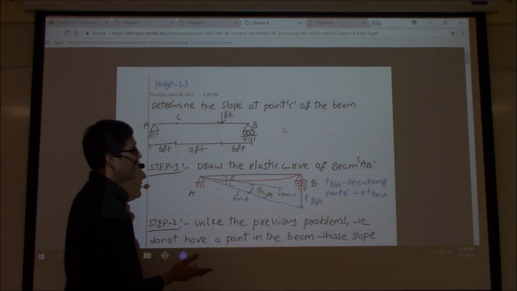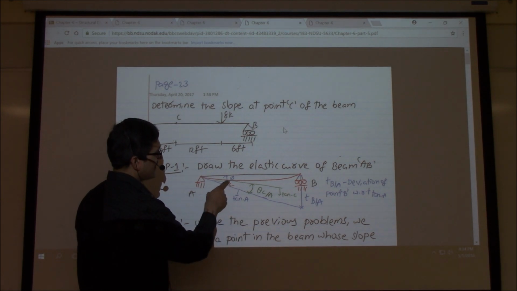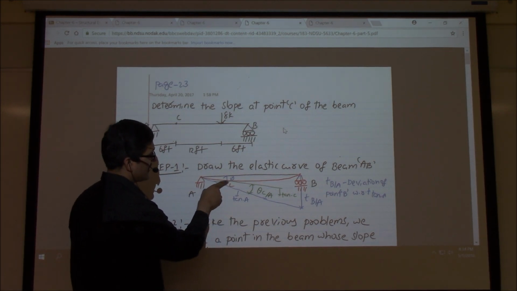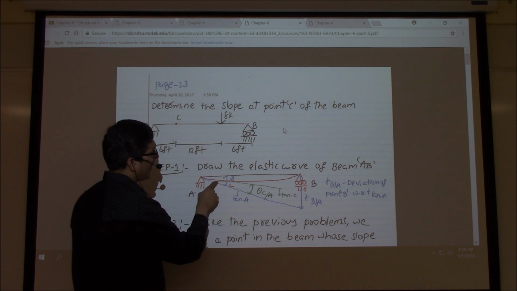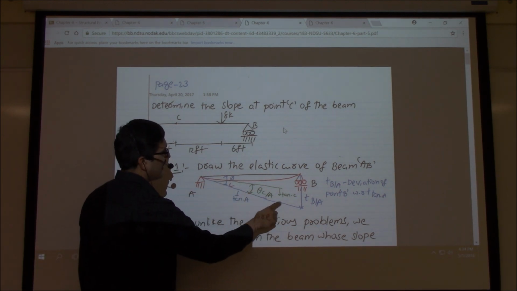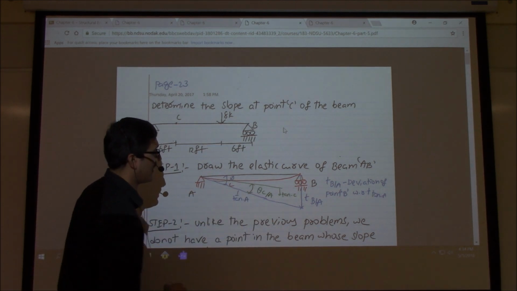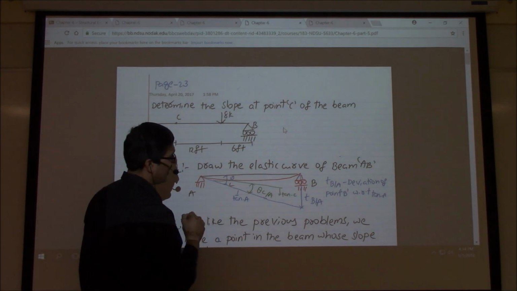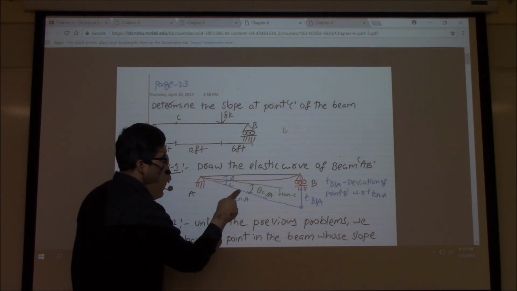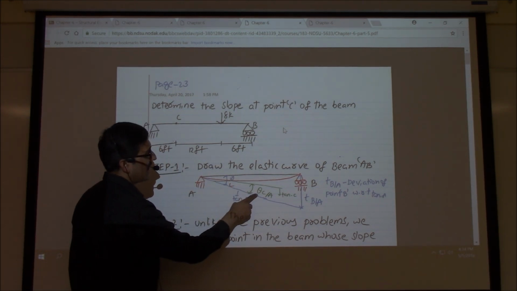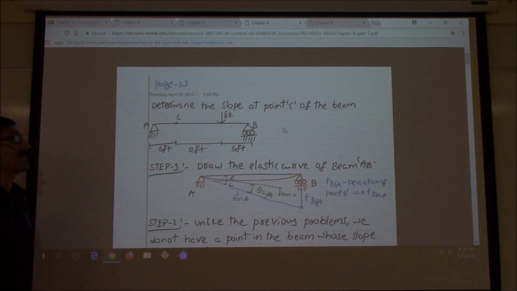And as usual, you should definitely draw a tangent through the point of interest, which is C. If you draw a tangent through the point C, denoted in green here, the angle made by this green line with respect to the blue line, which is the tangent A, is nothing but theta C by A, right?